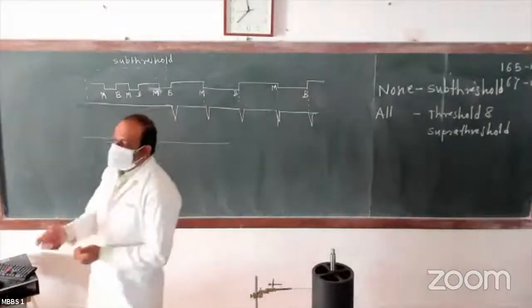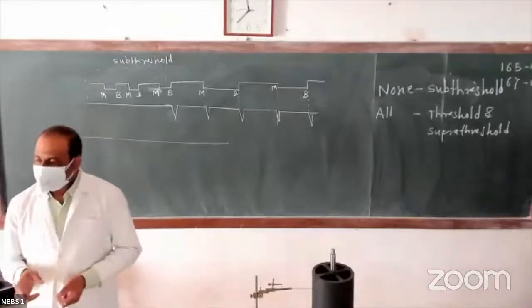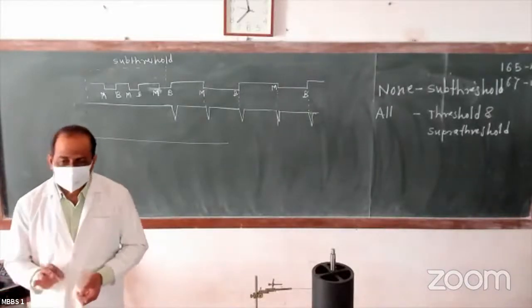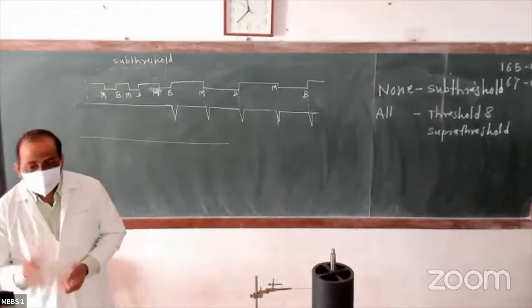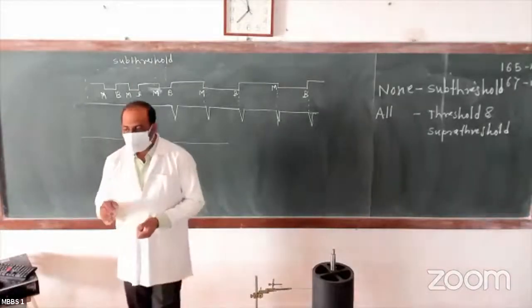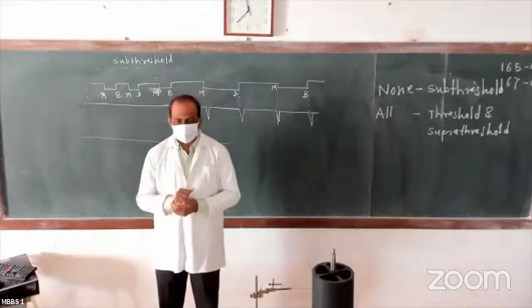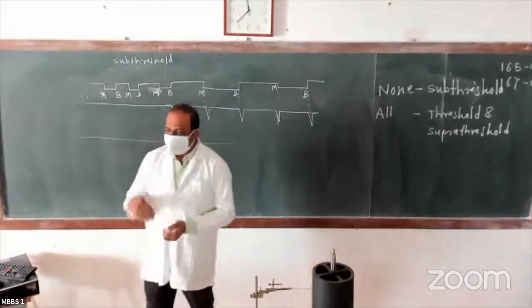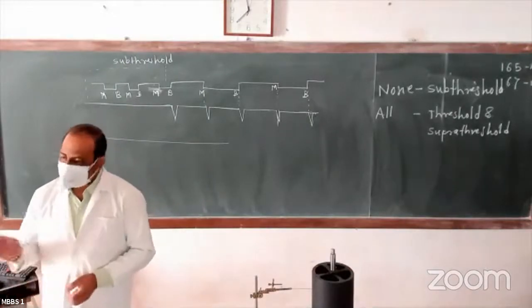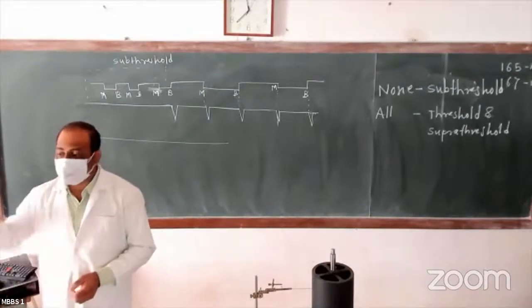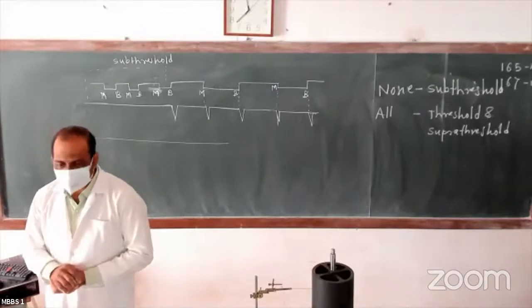This increased amount of calcium remains as it is for up to 30 seconds. Is it clear? If you apply the second stimulus before the 30 seconds, the concentration of calcium is already increased. Again, if you apply the second stimulus, there is a further increase in the amount of calcium.